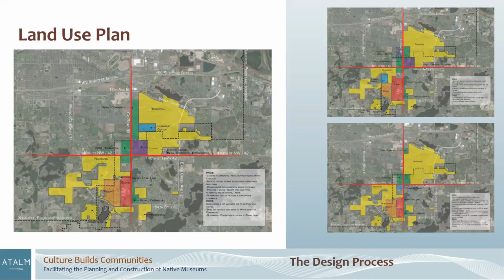In this scheme, the map on the left, we put pros and cons to each. It talks about creating enterprise zones for commercial down the main corridors. It talked about allowing residential to grow into the more quiet areas so that they don't have through traffic.